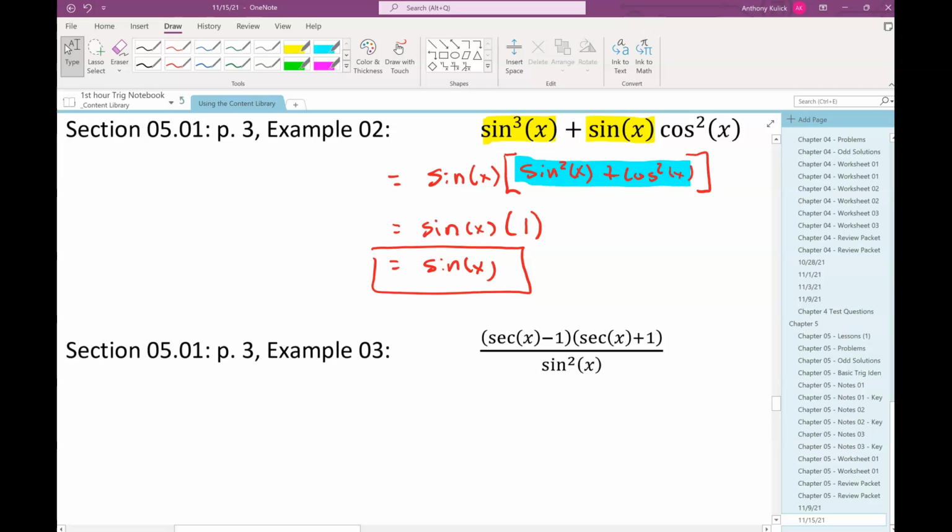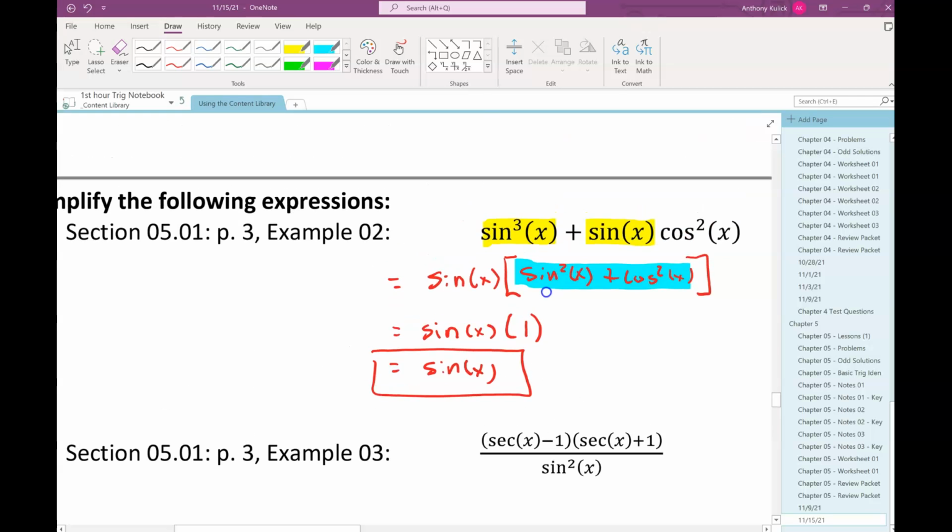Yes. I get how you simplified it in the second step, but I'm just confused how you got the first step, how you distributed it. Okay. So imagine that sine is A and cosine is B. We're not even using a formula, we're just factoring the greatest common factor.